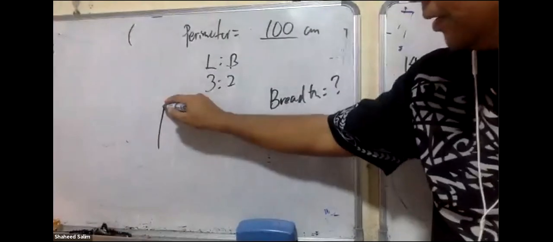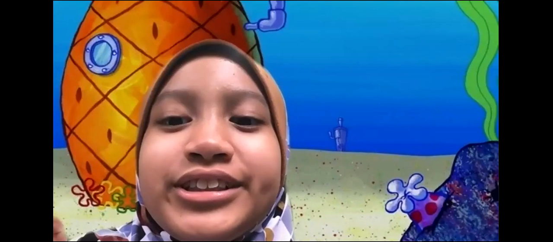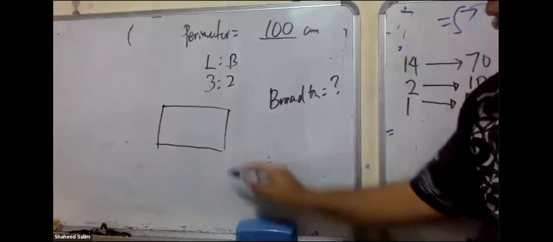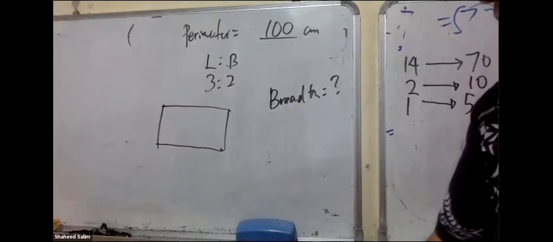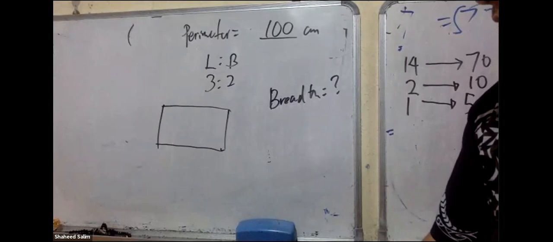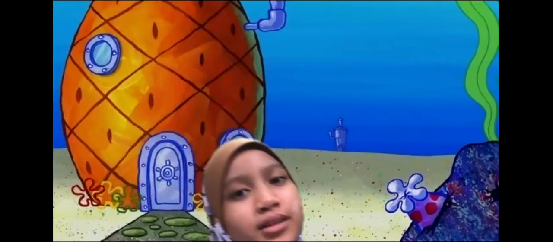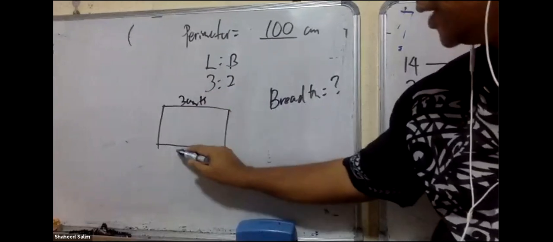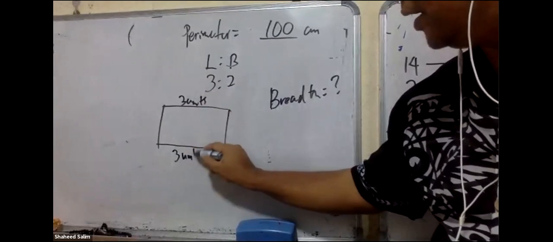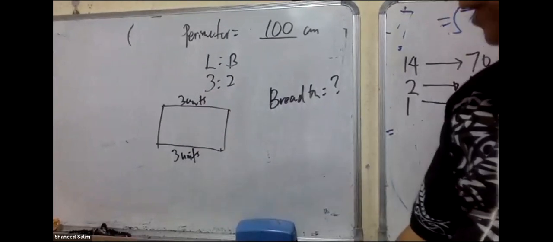You can draw a rectangle first. Is 5 units equal to 100 cm? Not true. You must draw. How many units is the length? 3. So there's 1 length, 3 units. There's another length, 3. The 2 lengths are already 6 units. The breadth is how many? 10 units equals 100 cm.